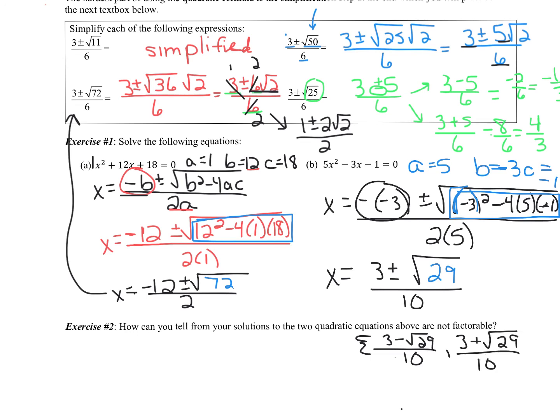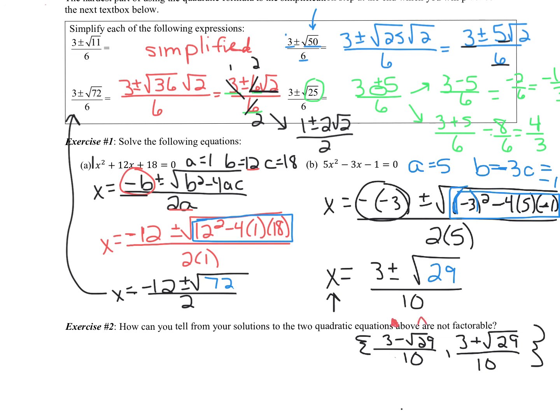It is, once again, fine to leave it in this form, right? The x equals 3 plus or minus radical 29 over 10, but just be aware those are two separate answers with actual values.